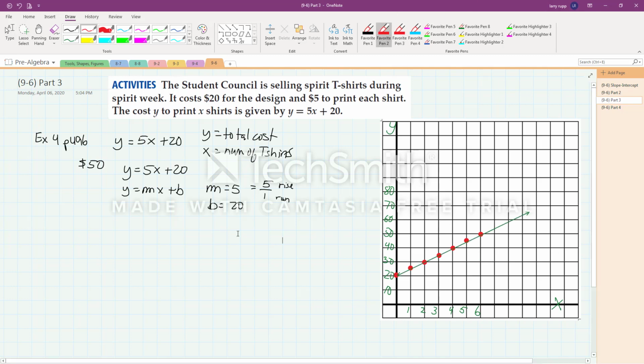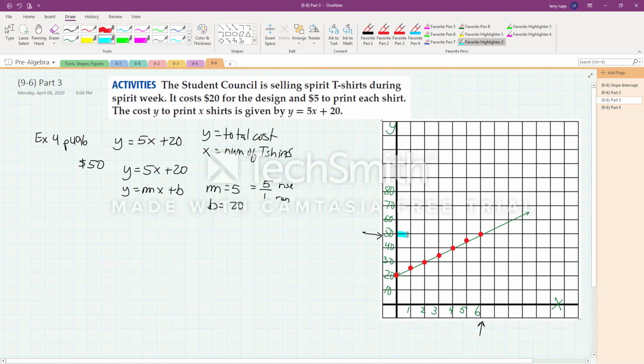So our problem says how many shirts can be printed for $50. Well, we look up the side here and find where 50 is. Okay, there's 50 right there. So we go along 50 until we get to an intersection, and we look down and there's the number of shirts.